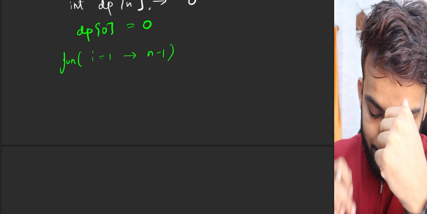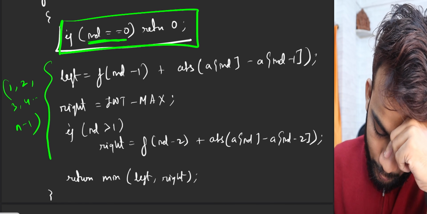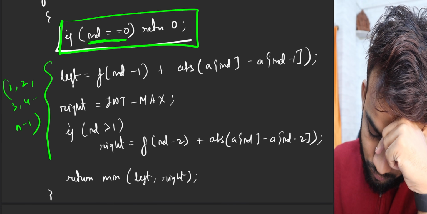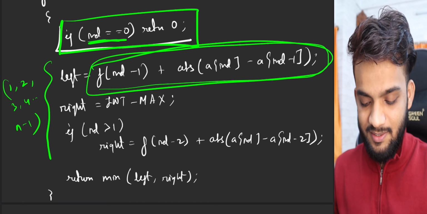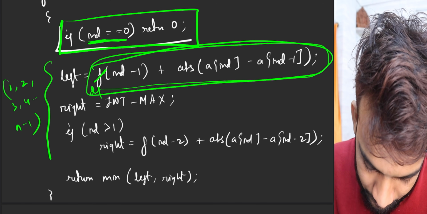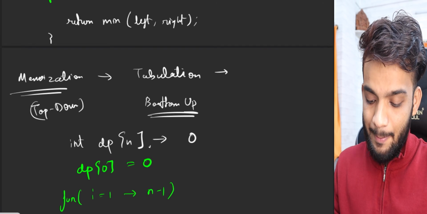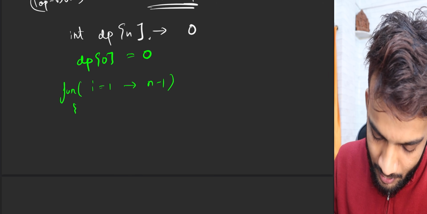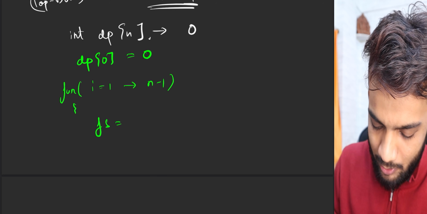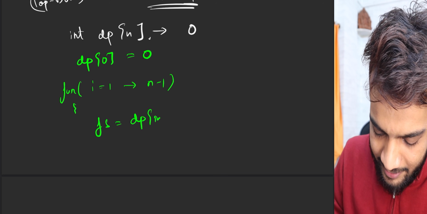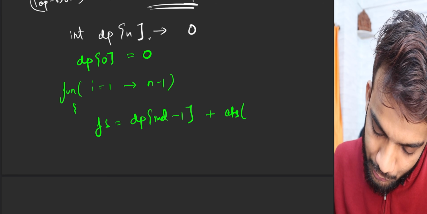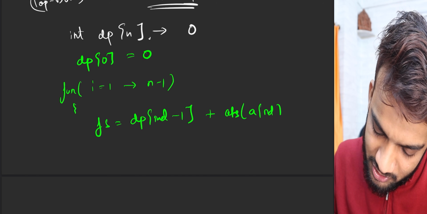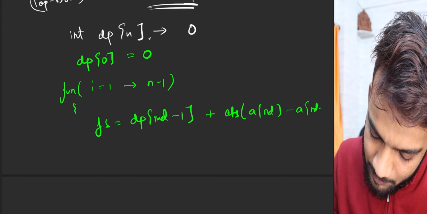What's the next step? Just go and look at the recursion. What am I doing? What's the stuff done on the index? Yes. Replace this with dp and write it. So the first step is very simple. If I take the first step, it will be dp of index -1 plus absolute of array of index minus array of index -1.